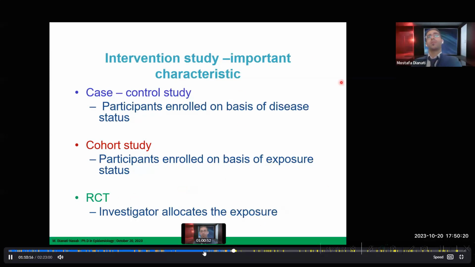So this slide will help you to decide which study design is appropriate for your idea. For RCT, the investigator allocates the exposure. If you have no control over the exposure, then think about observational studies.